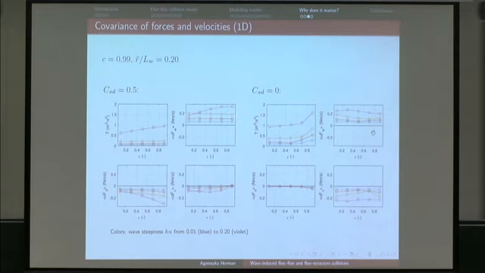And this covariance can be very small or very large, depending on two things, basically: the restitution coefficient and the drag between ice floes.